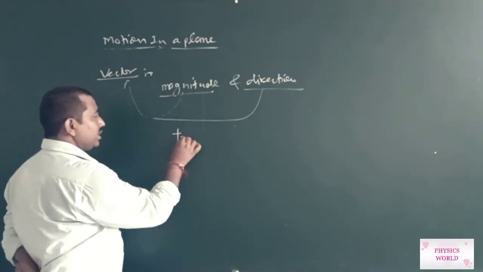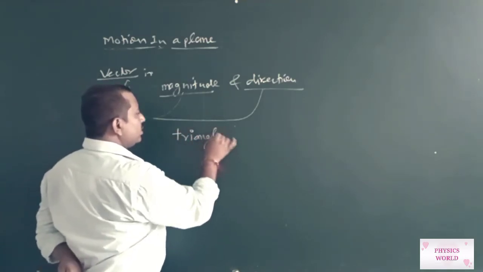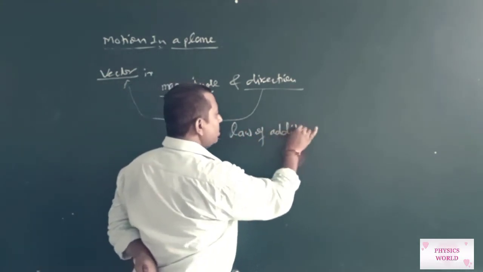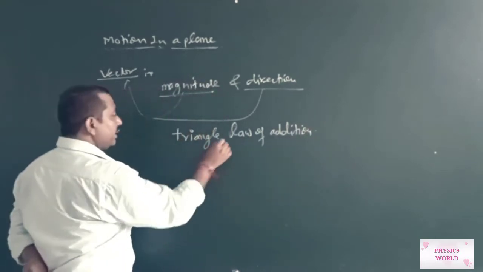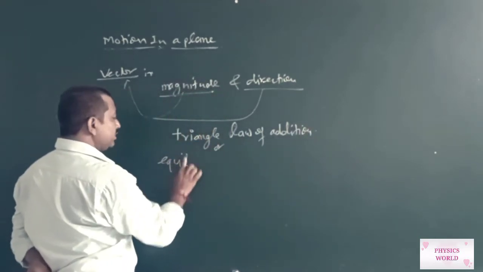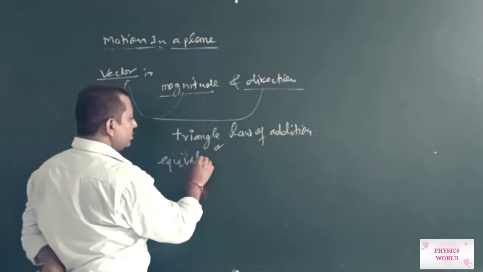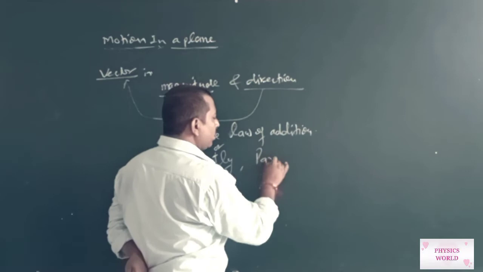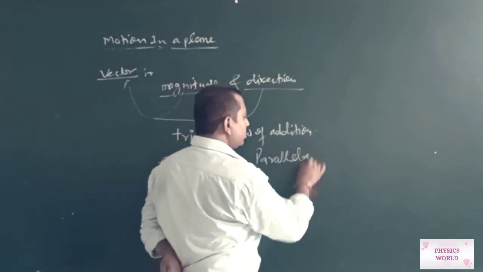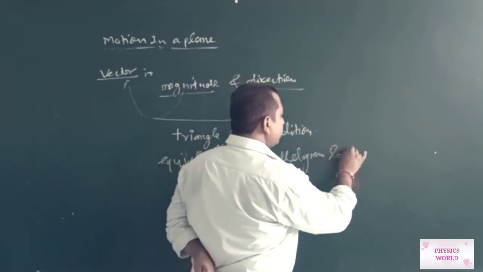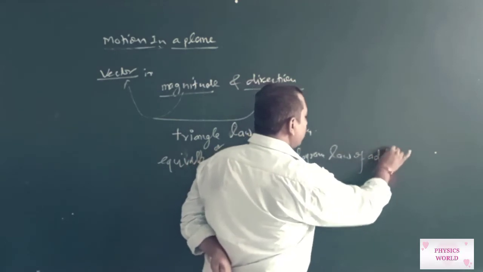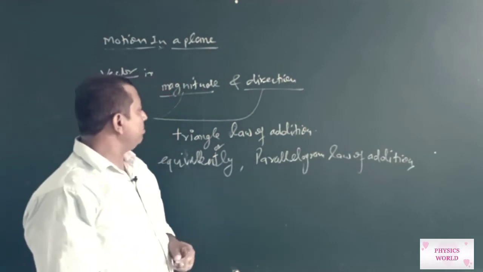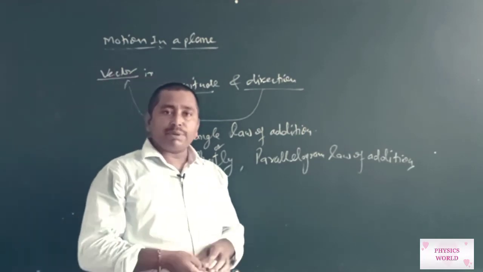To define a vector exactly, we have another property that is known as the triangle law of addition, or equivalently the parallelogram law of vector addition. The addition of vectors cannot be performed with ordinary algebra.